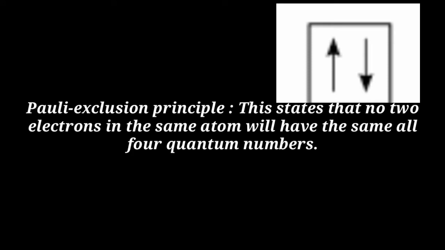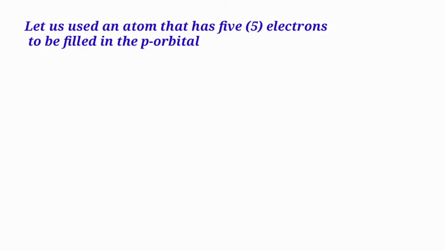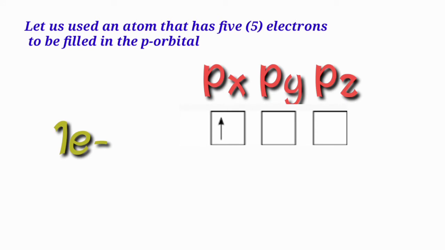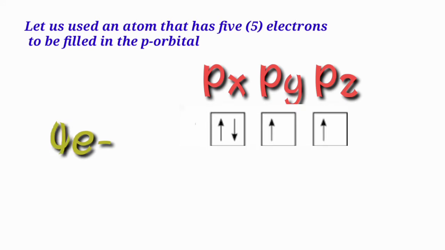The Hund's rule states that electrons occupying degenerate orbitals singly maintain parallel spins before they pair up. Take example with an atom that has 5 electrons to be filled at the p orbital. It will be filled singly as this. Then the other is filled.